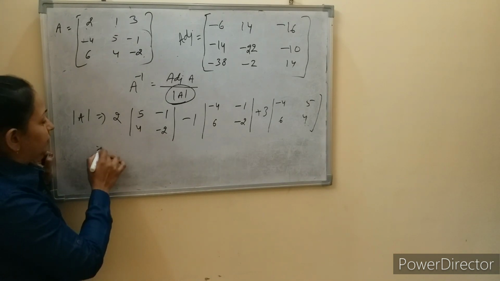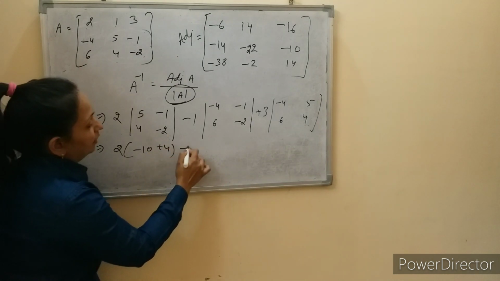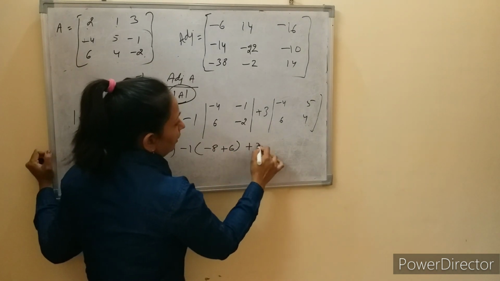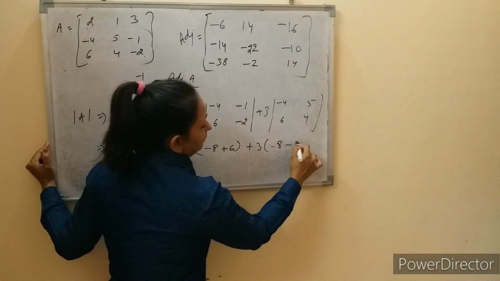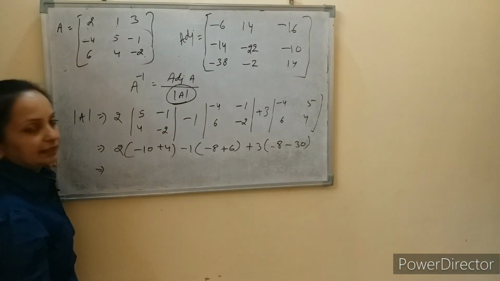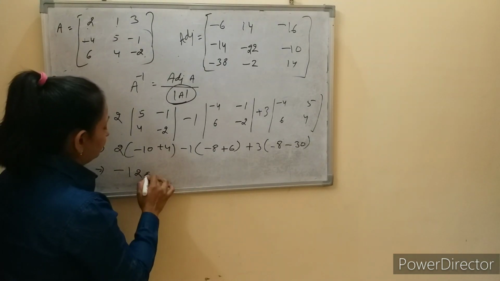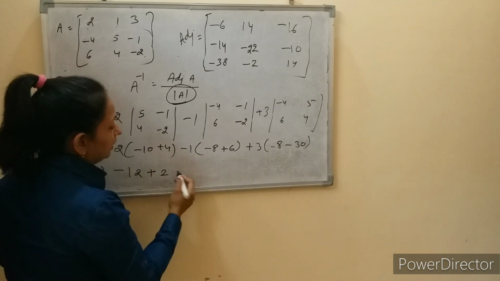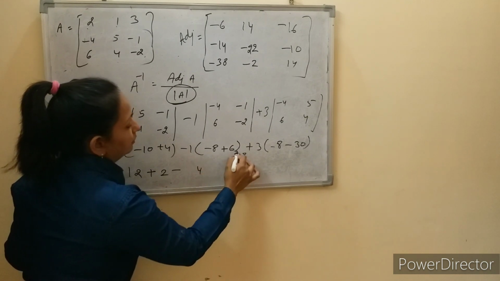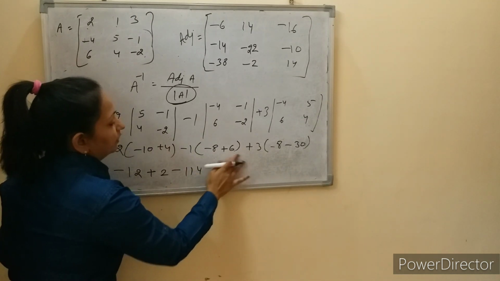If I solve this equation, I will get minus 10 plus 4, minus 1, minus 8, plus 6, plus 3, minus 8 and minus 30. So 4 minus 10 is minus 6, and that gives minus 12. This will give me minus 2 plus 2. This will give me minus 38 into 3, so this will give me negative 114.